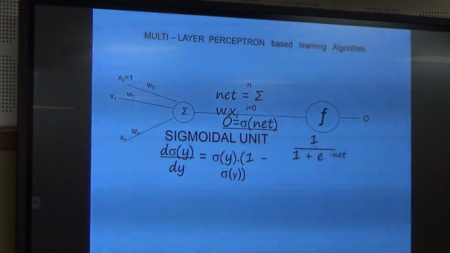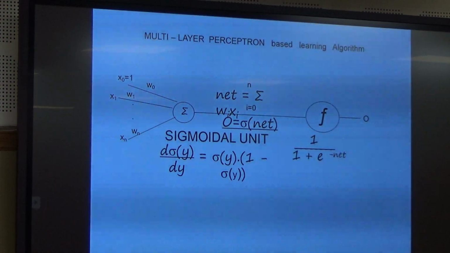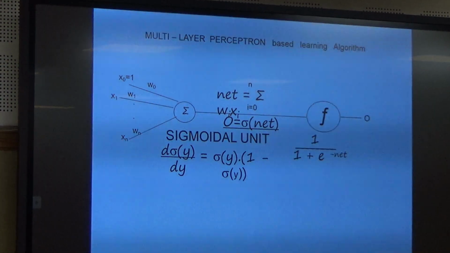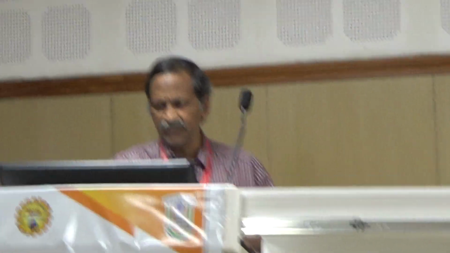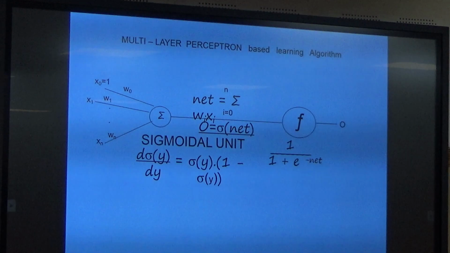So the first thing he did was, he wanted a way of coming up with an activation function which is differentiable and gives the same output for the patterns. If you look at the function 1 over 1 plus e power minus net, this function was called the logistic function or logistic map.